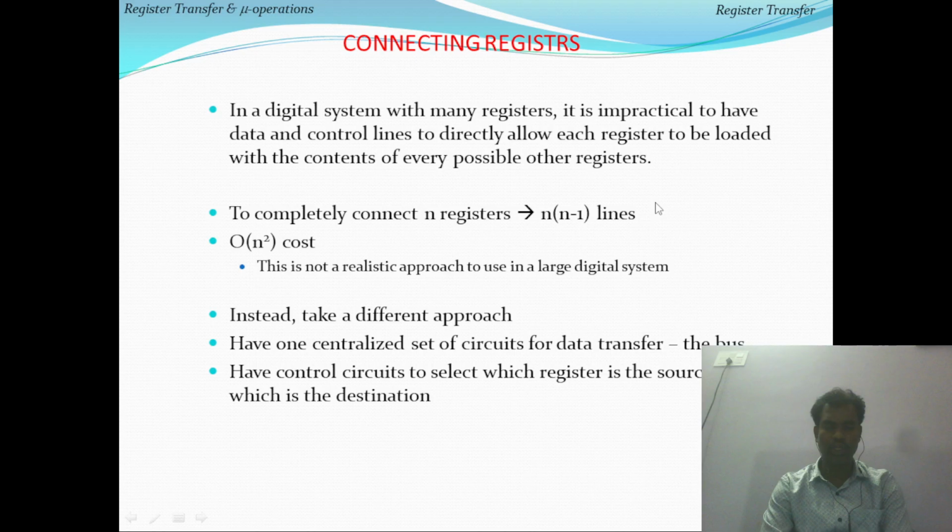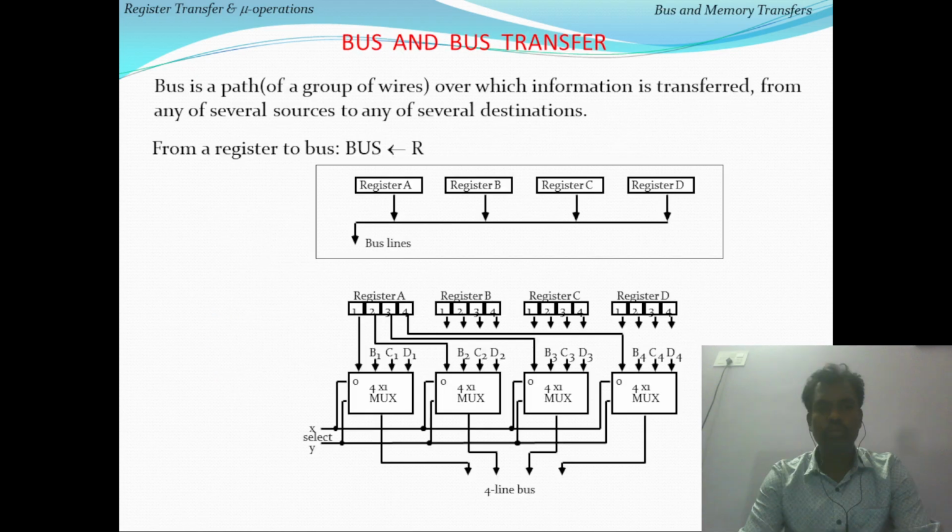Now, let's see the transfer of data between the registers and the bus. It is called bus transfer: from register to bus, and then bus to register. Assume we have four registers: register A, register B, register C, and register D. The data has to be transferred between the registers or to some memory.